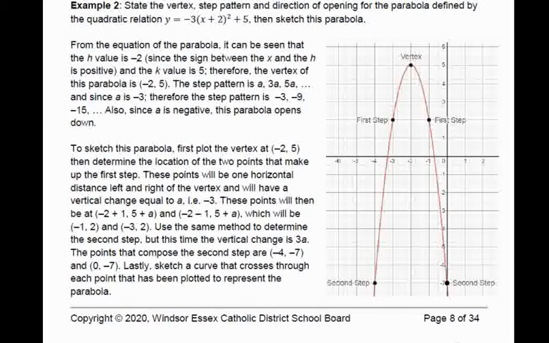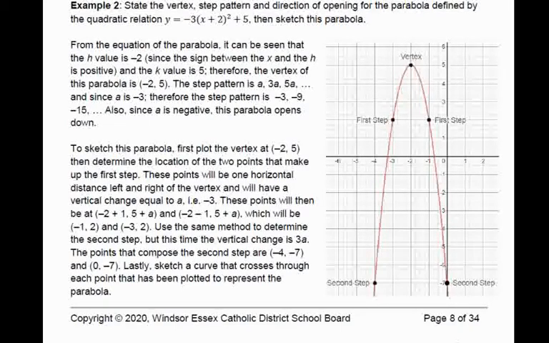Then we have to find the first step, and we would go 1 to the left, 1 to the right from the vertex. If the vertex is minus 2, 1 to the left would be minus 3, 1 to the right would be minus 1. And we would have to add the a to the k value. Our k value is 5, so 5 plus minus 3 is 2. We label those 2 points for the first step, minus 3, 2 and minus 1, 2.